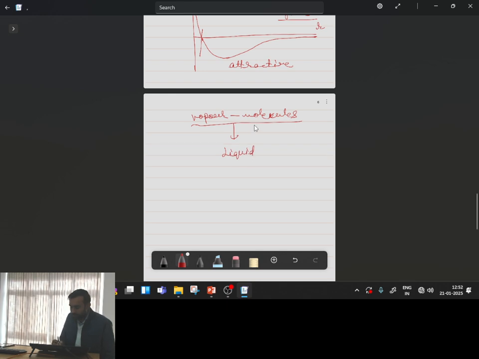What we need to do? Here molecules were at large distance, here molecules are coming close to each other. There are already some attraction forces between the molecules, but we have to increase the magnitude of these attraction forces so that molecules can come more close to each other. Then only my vapor phase will be converting into liquid phase.